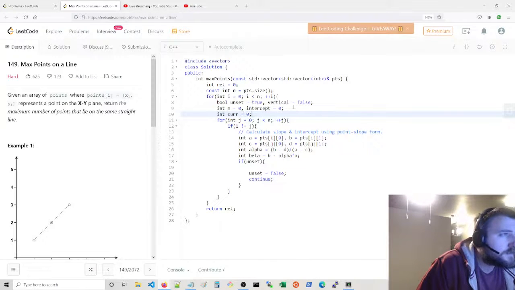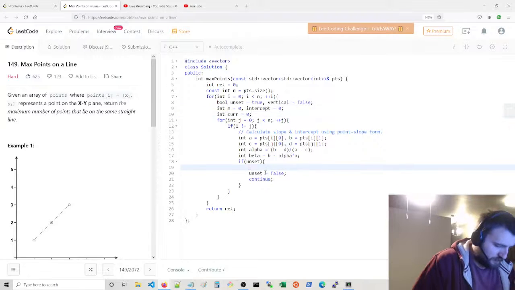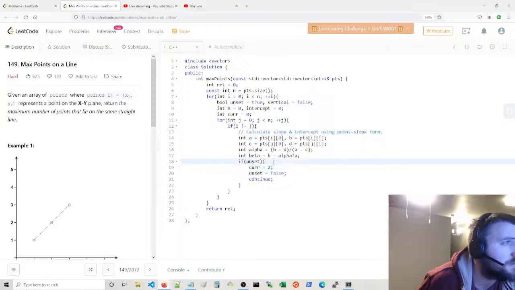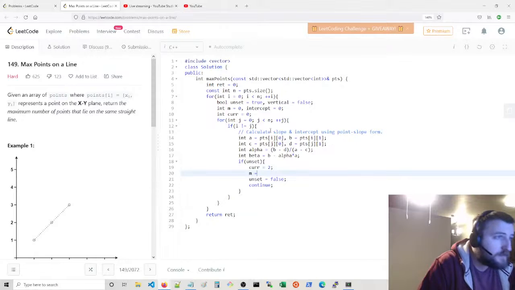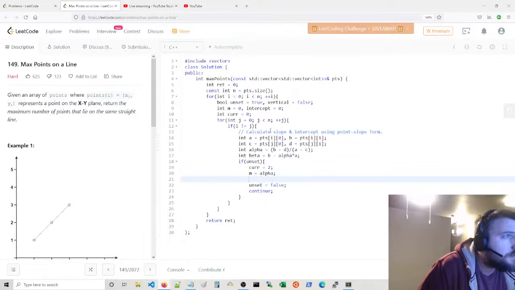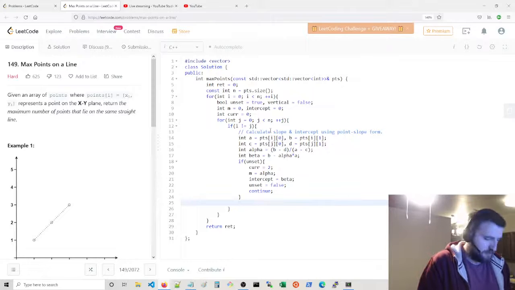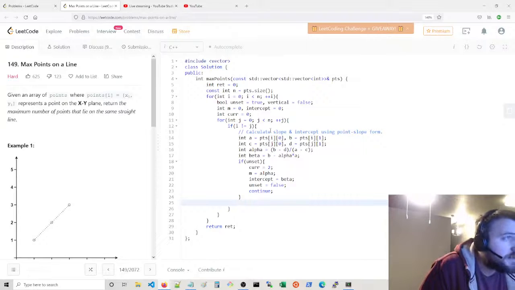Int current equals 0. Current equals 2. So we have 2 points on the line. And then we're going to set unset to false. We're going to set m to alpha, and intercept to beta.